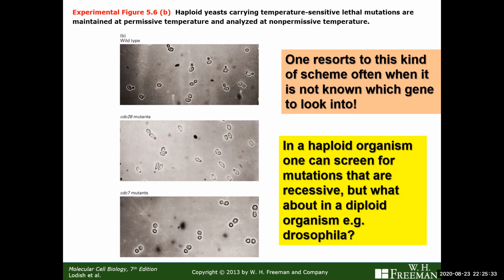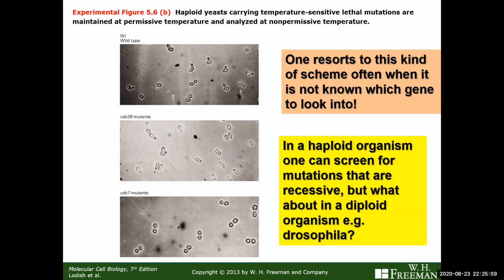Okay? Anyway, so now these kinds of experiments, as I referred to earlier in lecture 2, are generally done on haploid organisms. Why don't you do it in diploid? Because see, this mutant is called cdc28. If it was a diploid, there would be a wild type copy of the same gene, CDC28, written in capital letters, right?